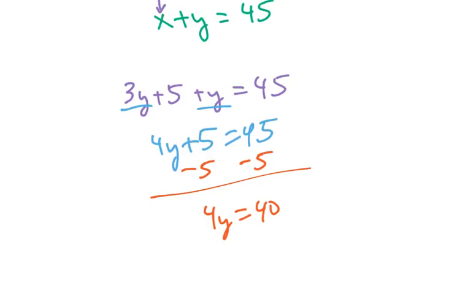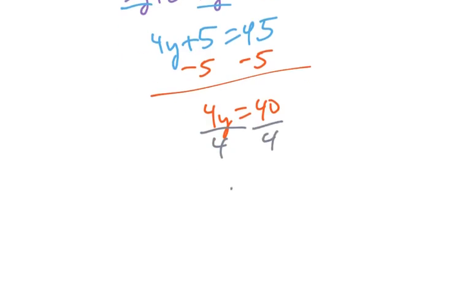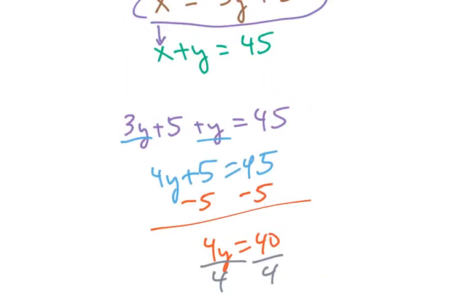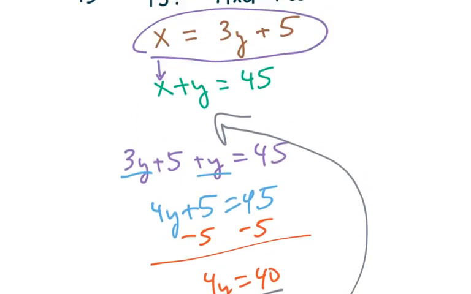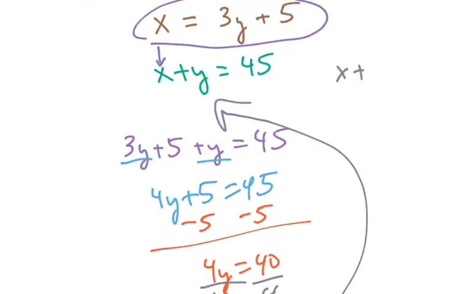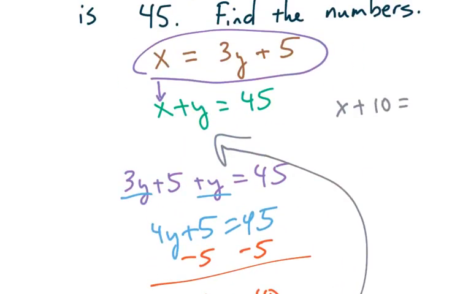I always like to use orange afterwards, and that doesn't show up well. Can't use that one either. Gray, I guess. Okay. Divide through by 4, then y is 10. Okay, so if y is 10, we go back here, substitute it back in, and so we have x plus, what did I say y was? 10 equals 45.